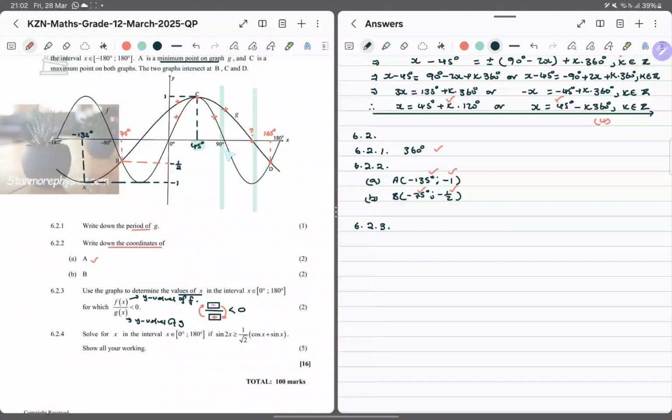But within this interval, the graph of g is positive and the graph of f is negative. Okay? And we can see that a negative divided by a positive is definitely going to satisfy our constraint. So this means this is the interval that answers the question.